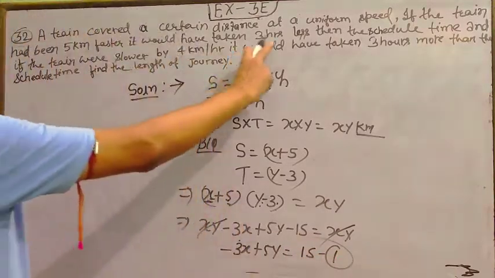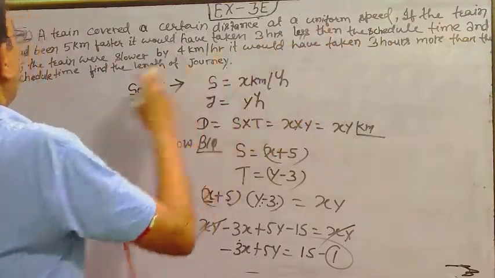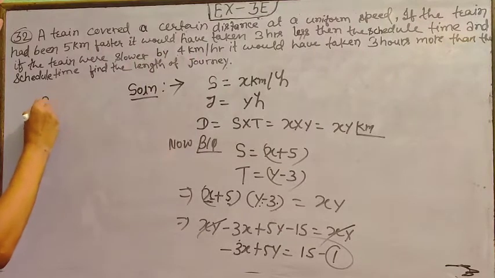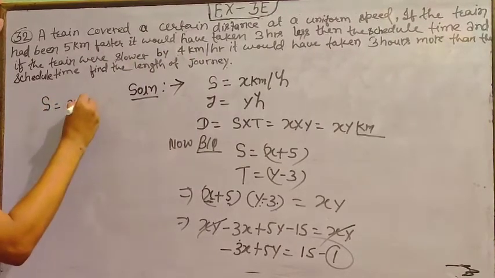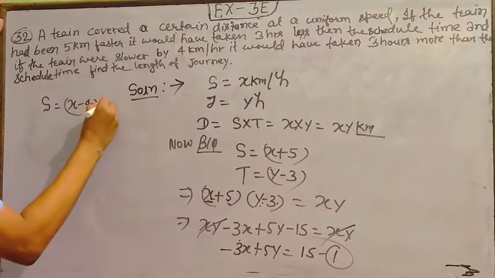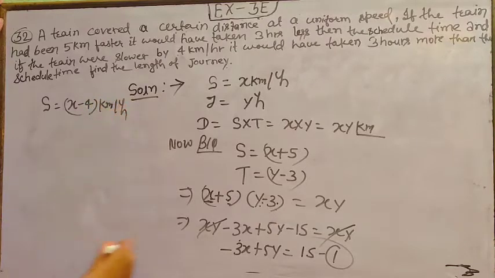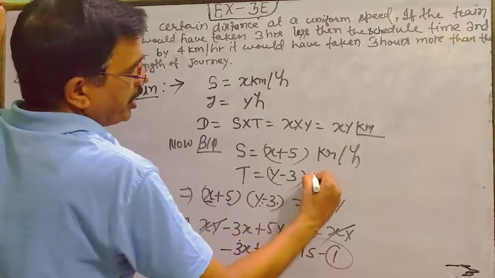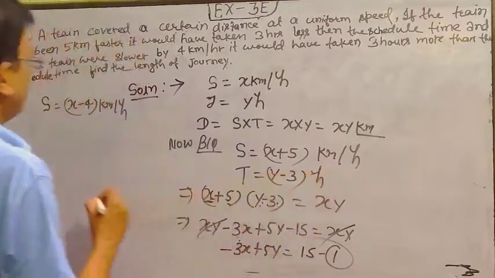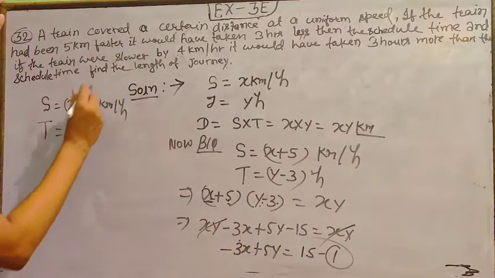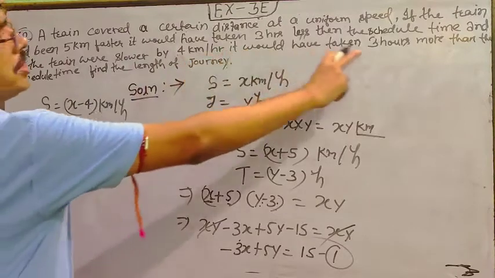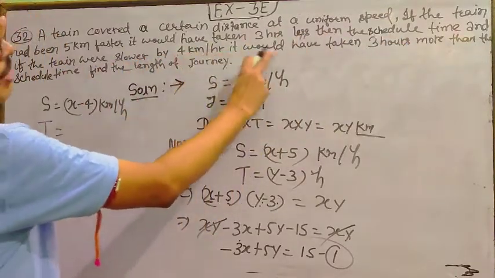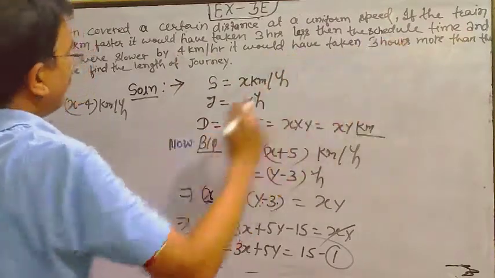Second equation: if the train were slower by 4 km, so now the speed is x minus 4 km per hour. Here also write km per hour, and here the time is in hours. If the train were slower by 4 km per hour, it would have taken 3 hours more.